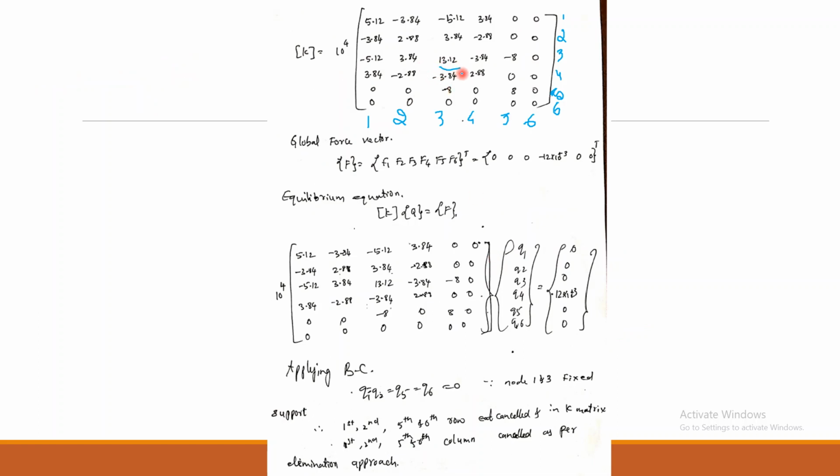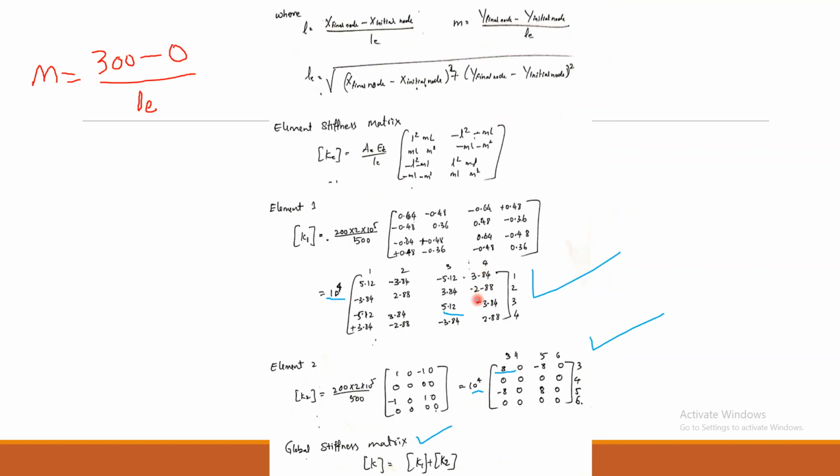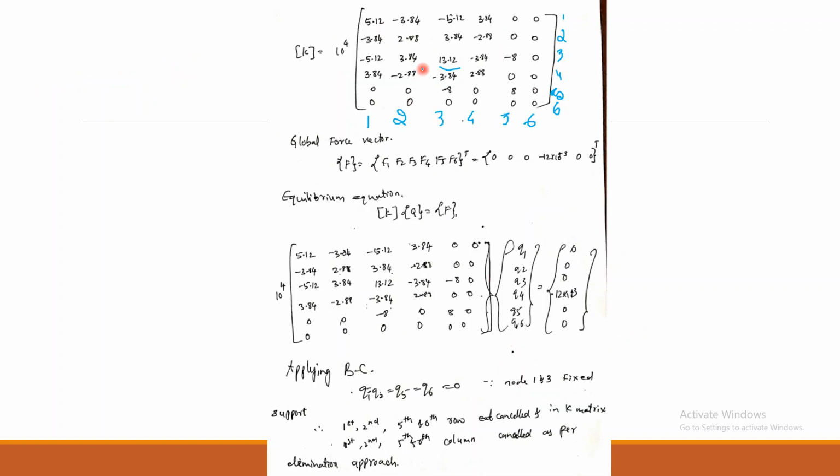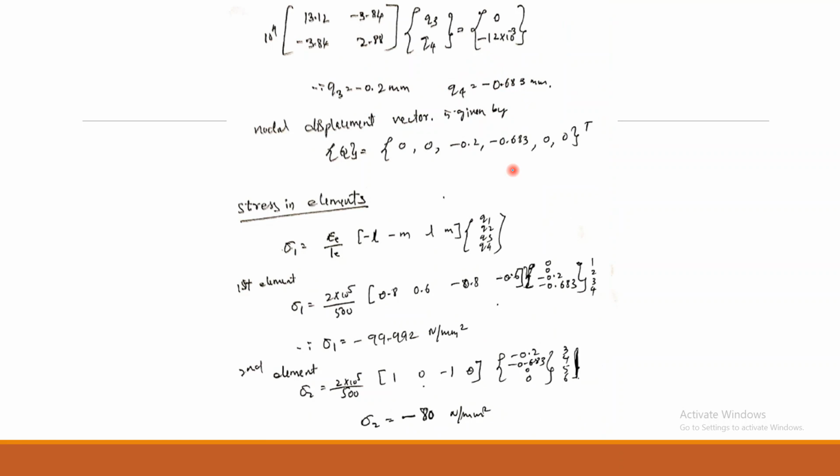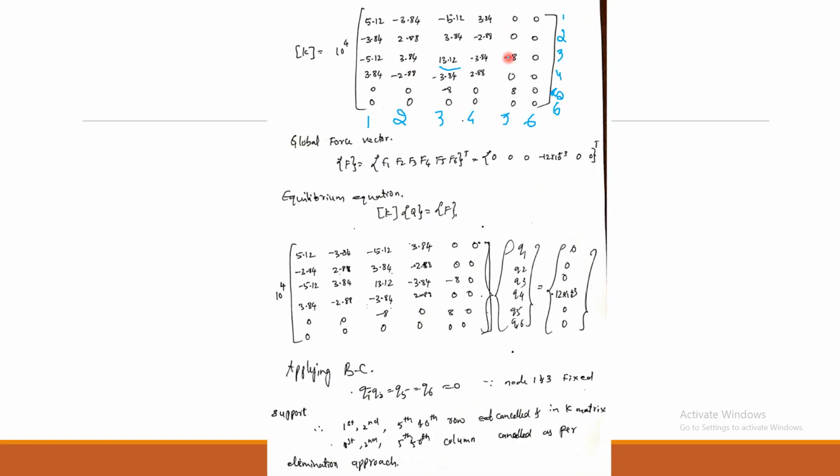Only there we got the change, other things are as usual. For 4 3, we are having minus 3.84, and here the term is 0, so it becomes minus 3.84 plus 0, which is minus 3.84 only. Likewise you do the summation and finally we come across the 6 cross 6 matrix.